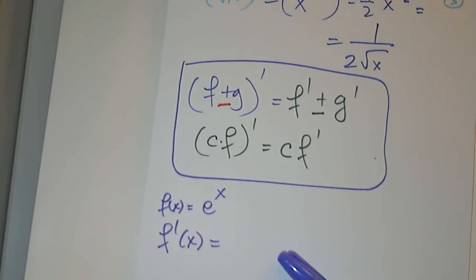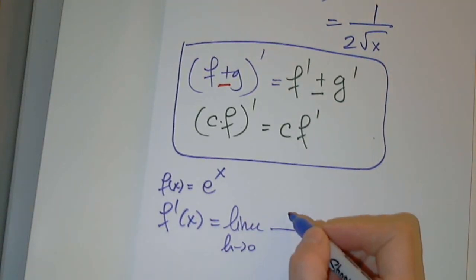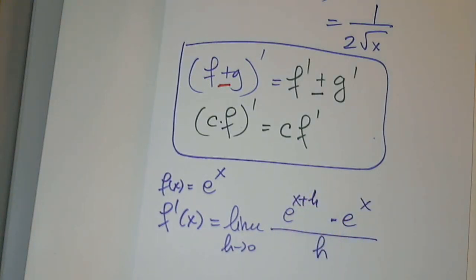Limit as h approaches 0 of e to the power of x plus h, minus e to the x, all over h. Thank you very much. Excellent. Great job. Perfect. So now, what do you think I'm going to do next?